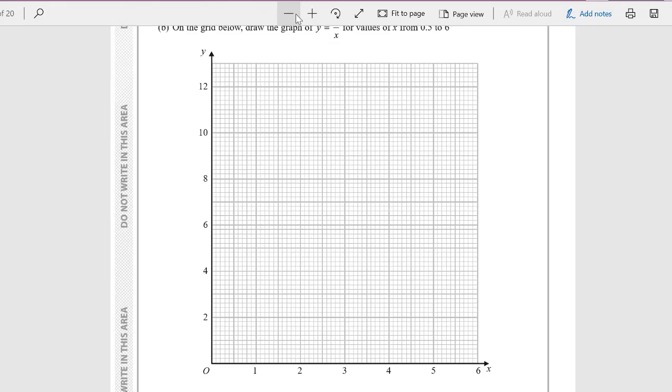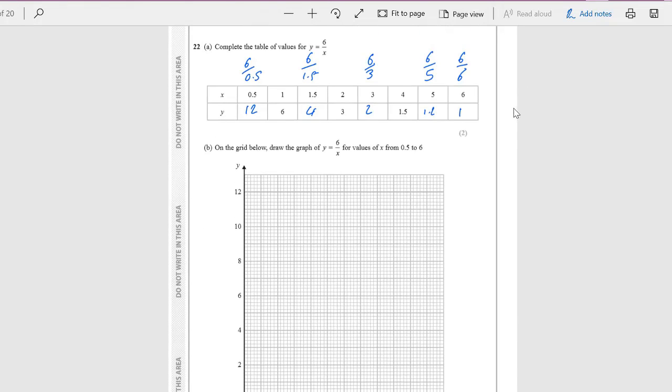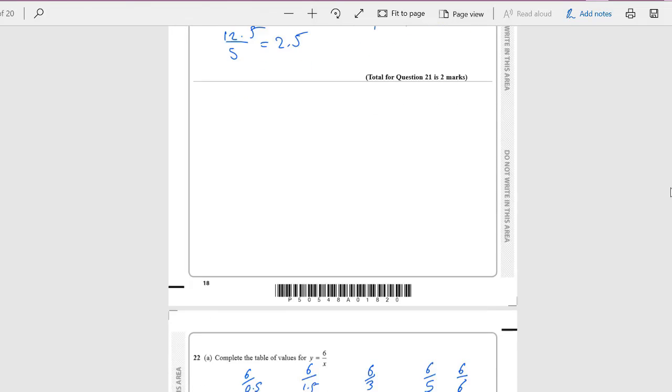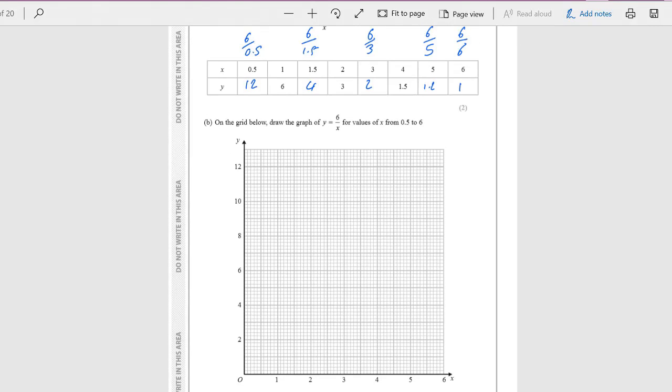So let's just zoom out ever so slightly, and use a different color. So let's do this as follows. So I'm just going to bring this up slightly. Okay, so on the y axis we've got 1, and then we've got 6. So that's the first one.